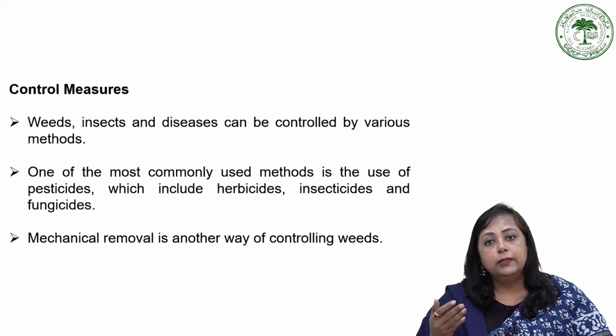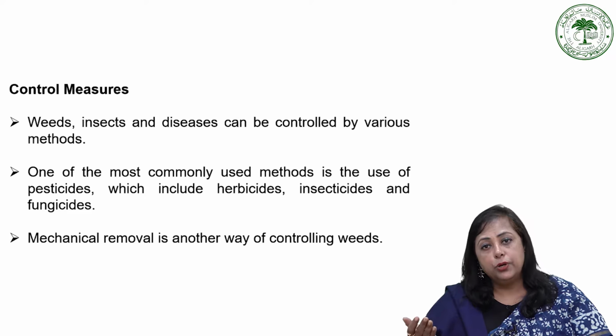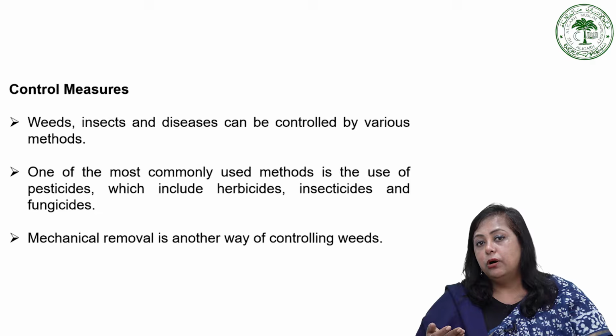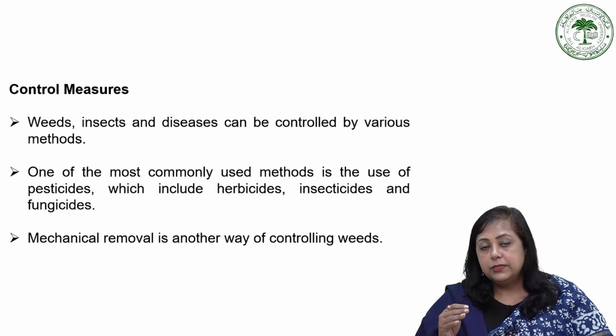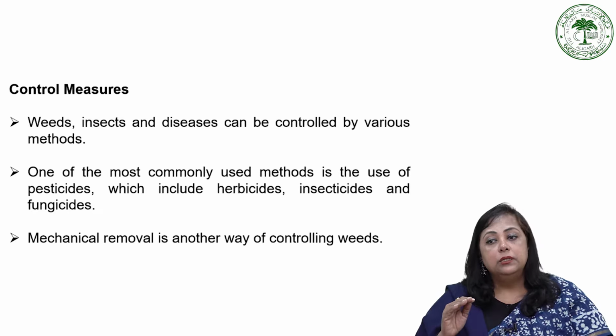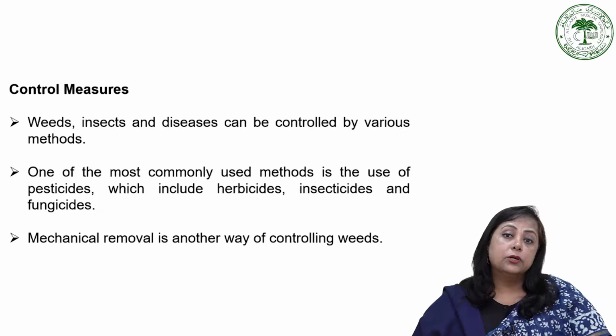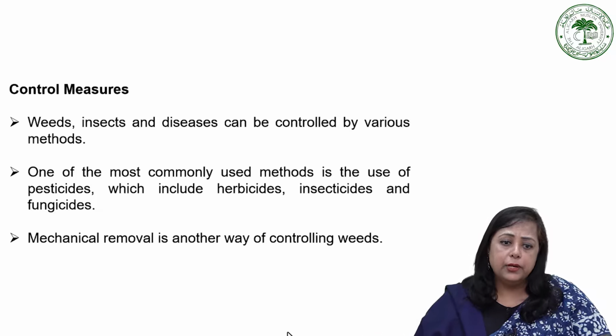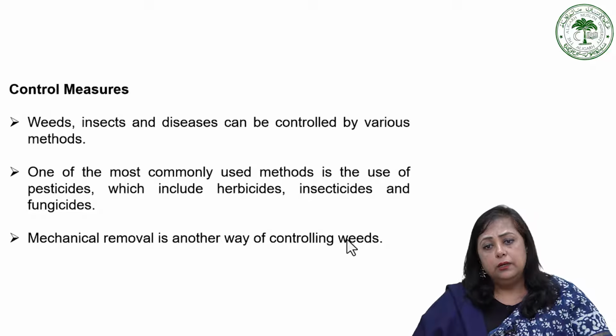The quantity and the concentration are beyond the requirement. Of course, they are protecting the crops, but that pesticide is damaging and polluting the crop itself, and the farmers are not realizing. Now, some farmers are realizing.